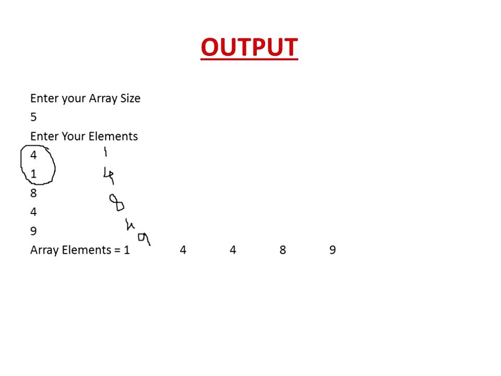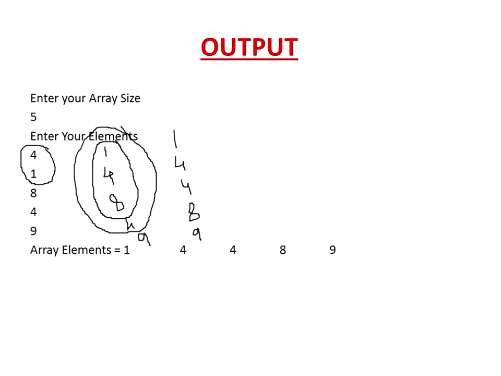So 1 will be placed here, then 4, then 8, then 4, then 9. After that, it will make comparisons between these three, and after that, between these four. So it will be 1, 4, 4, 8.